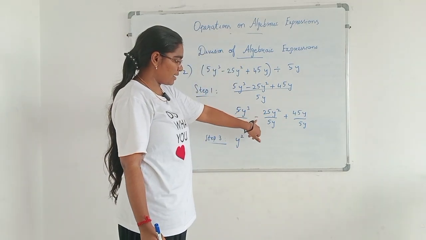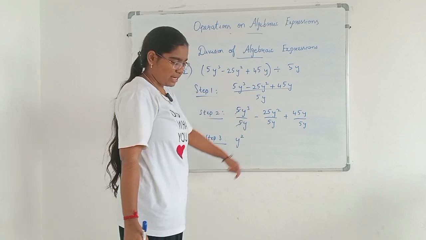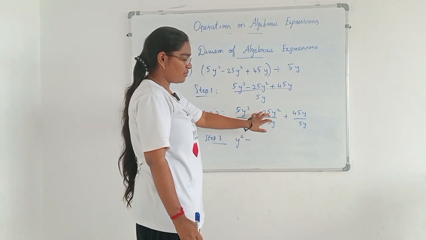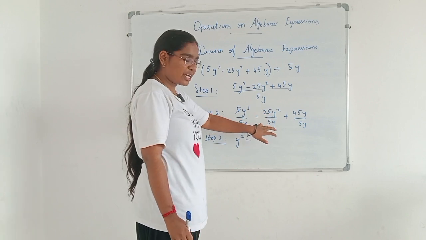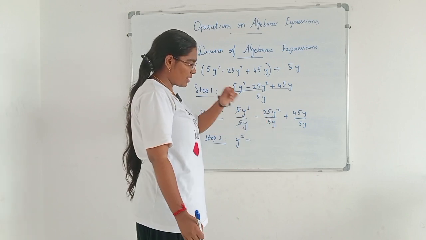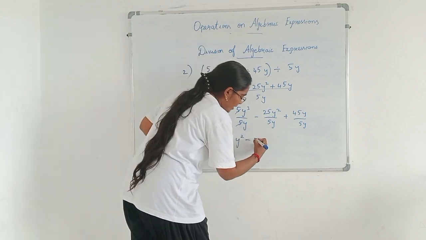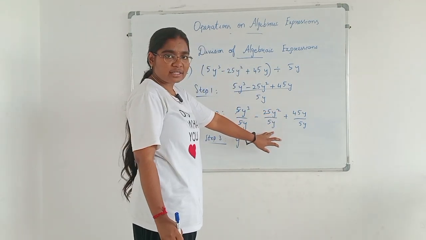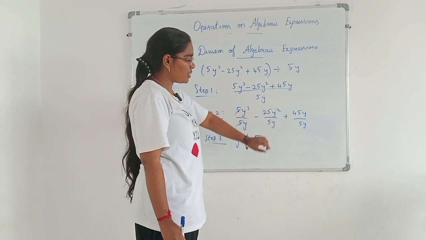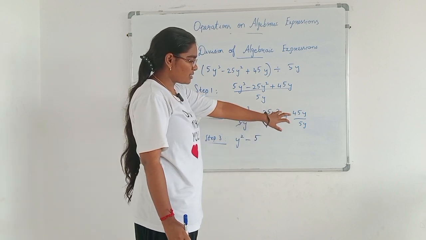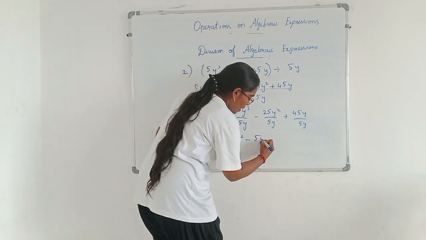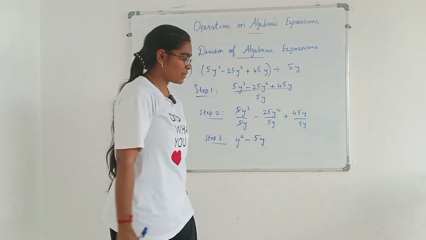Next, consider the sign, which is given as minus, so write as it is, minus. 25 divided by 5, in the multiplication table of 5, this 25 is 5 times, so 5. Next, this is y square, this is y, so by the laws of exponents, 2 minus 1, 1, so y to the power of 1.